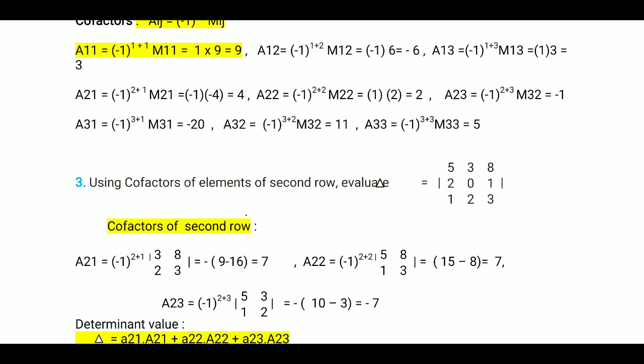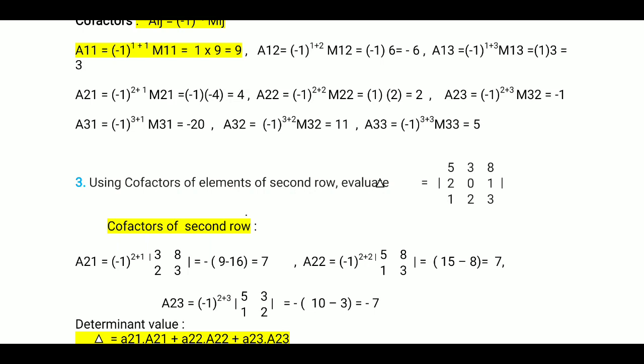So the cofactor A21 is equal to minus 1 power 2 plus 1, multiplied with the minor of this element. The minor is the determinant obtained by eliminating the row and column in which it lies. Here A21 means second row and first column, so eliminating them we get 3, 8, 2, 3.